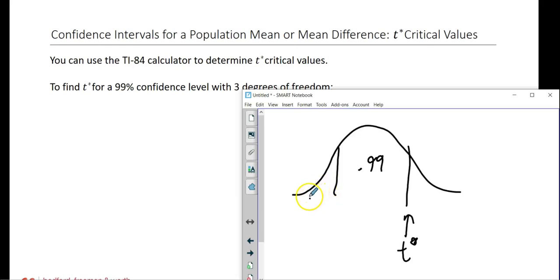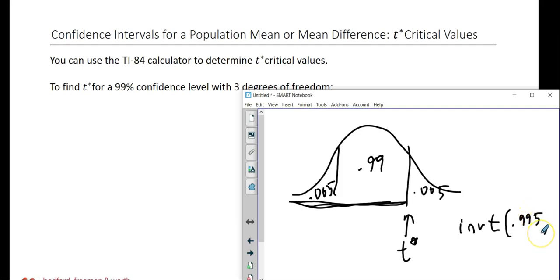So you have to figure out there's 0.005 over here and 0.005 over here. Remember the command used to be called inverse norm. Now it's called inverse t. And the number you're going to put in there is the area to the left of this, so all but 0.005, so 0.995, comma, you have to put another number.